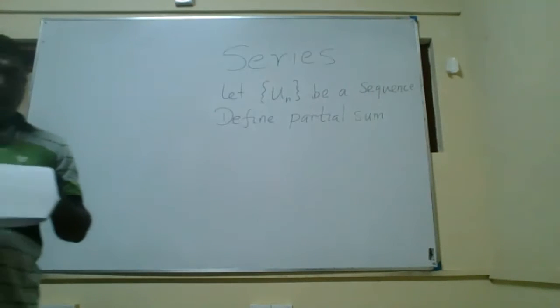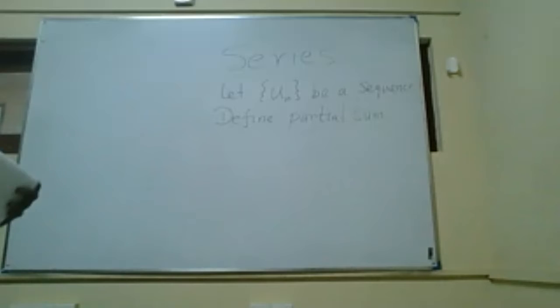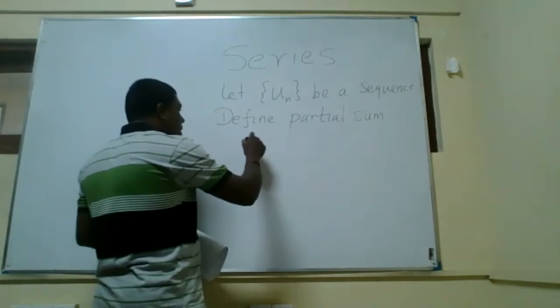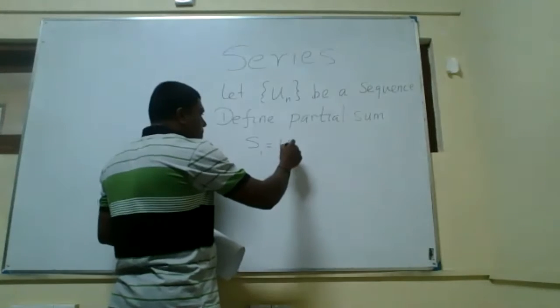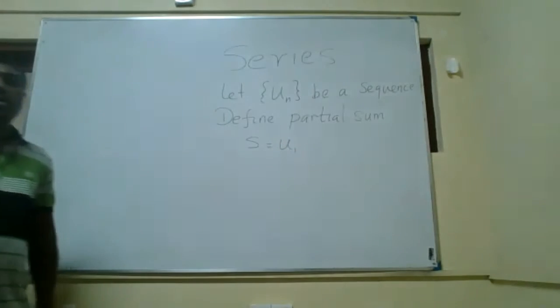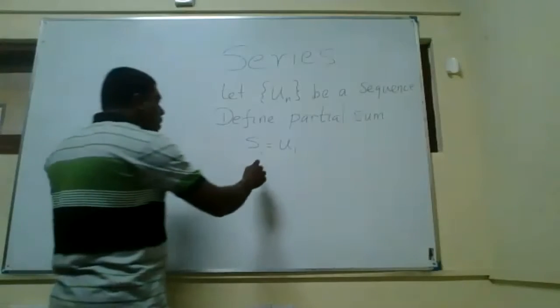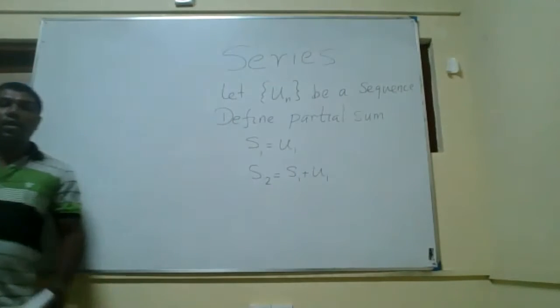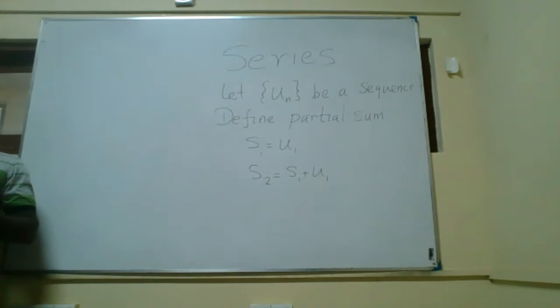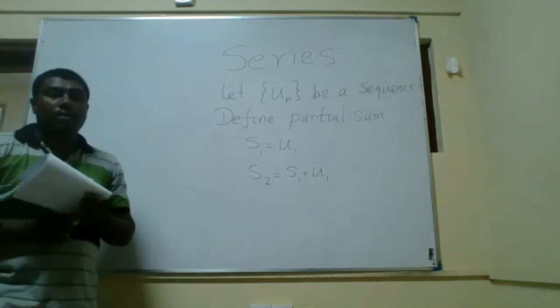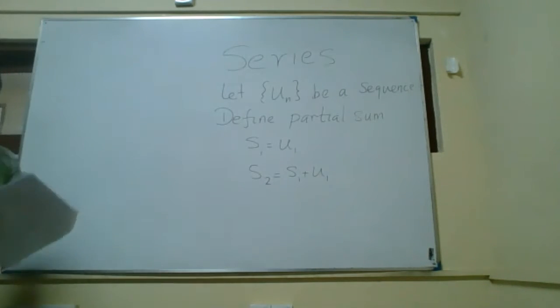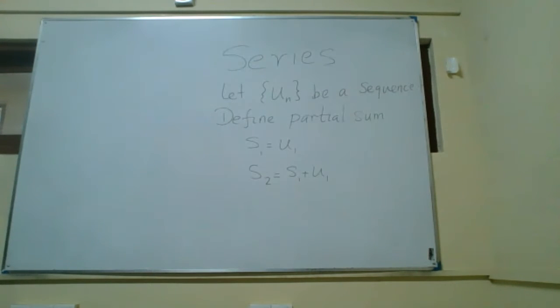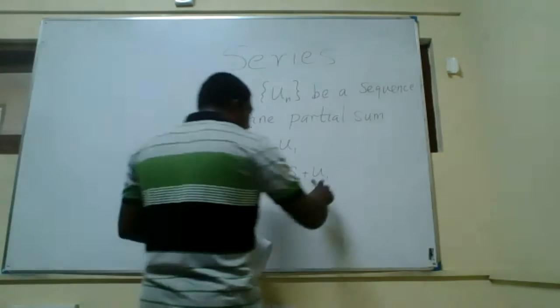How we define the partial sum is you take the first component S1 equal to U1. Then S2 is equal to S1 plus U2.